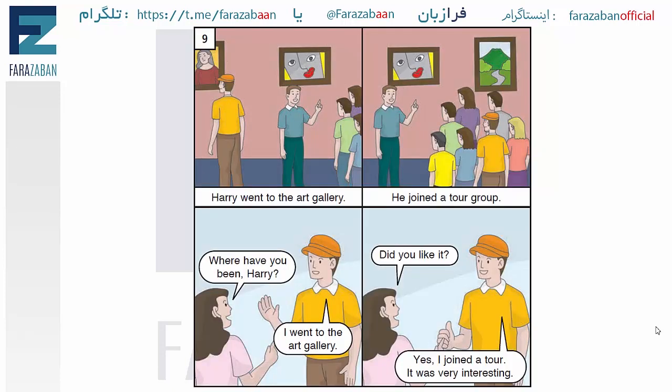Harry went to the art gallery. هری به گالری هنر رفت. This sentence is in past simple tense. Went is past simple form of go. This is irregular. He joined a tour group. به گروه تور ملحق شد. The joined is also a past simple form of the verb, and it's regular because it has ed.